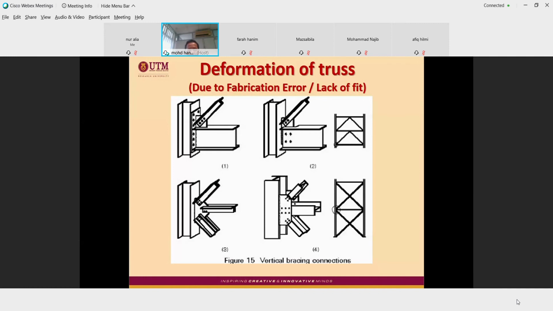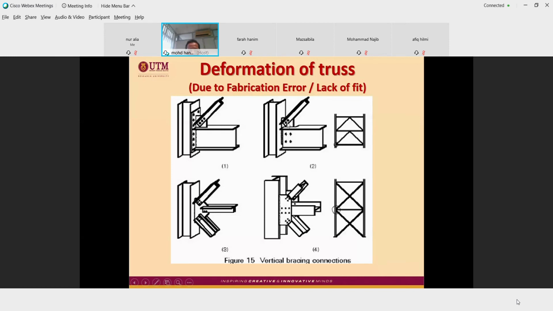Just take it for a typical example. In construction, or in installation of a structure, sometimes there is lack of fit due to error, where you have to force this member to fit into the bolt.